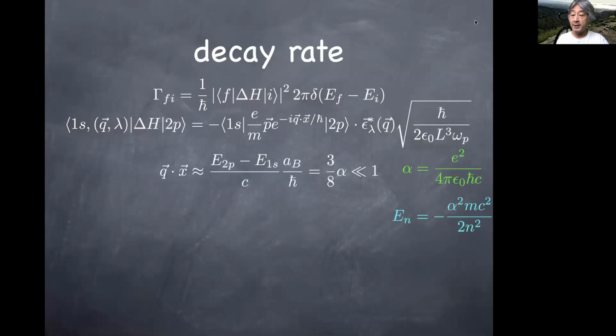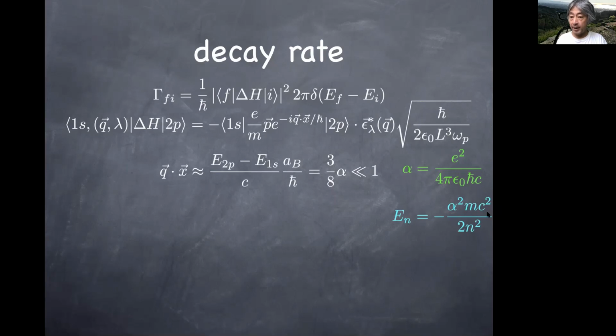And so the idea is that you can write energy levels of the hydrogen atom using the fine structure constant in this fashion. So m, of course, is the mass of the electron, or to be more correct, the reduced mass of the hydrogen atom. mc squared, as you all know, has a dimension of energy, and alpha is dimensionless. So energy levels of the hydrogen atom can be written this way.